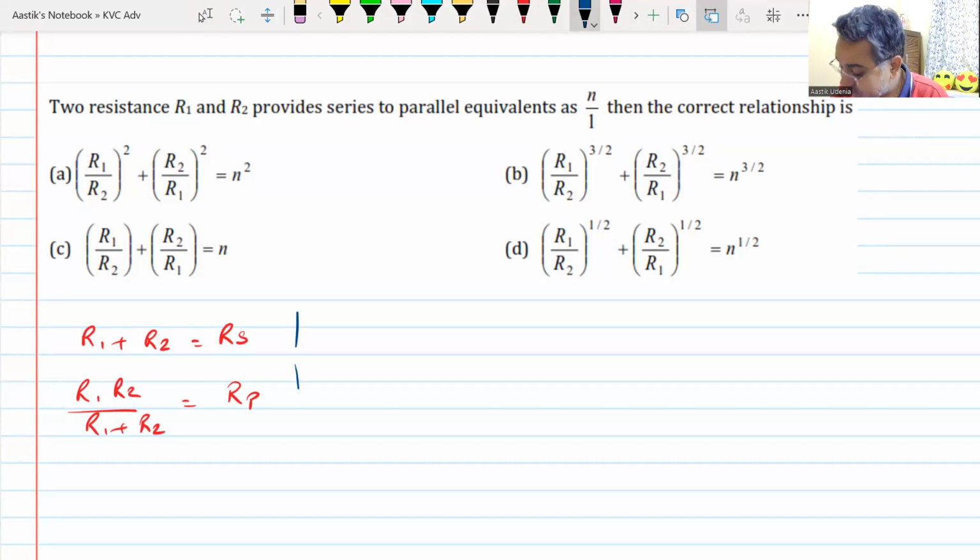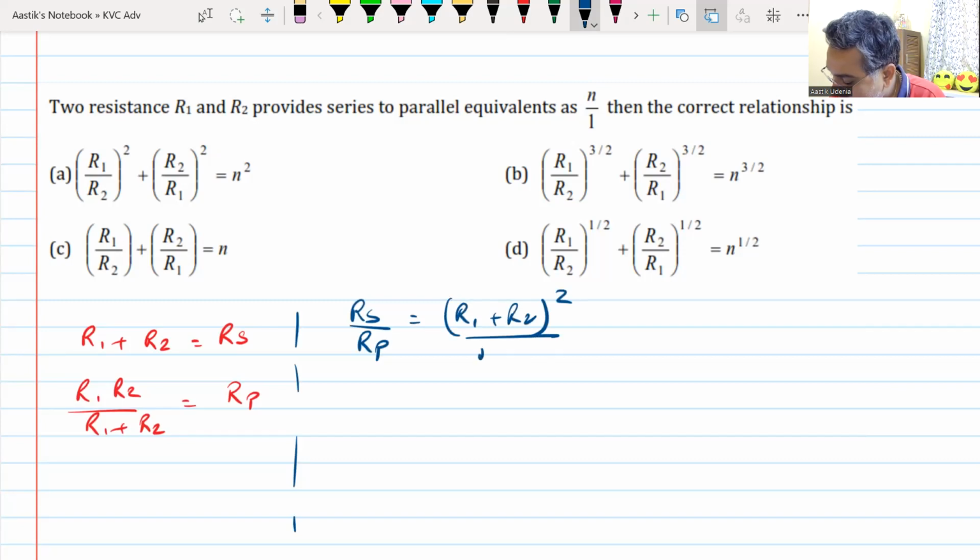If I divide R series by R parallel, I will get R1 plus R2 whole square divided by R1 R2. And that is given as n.